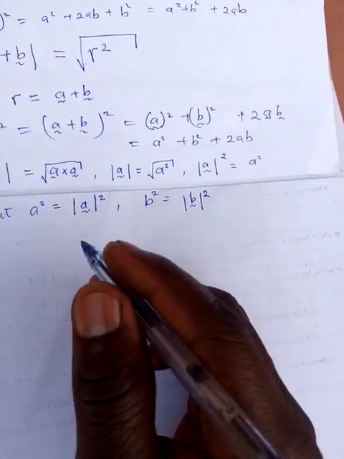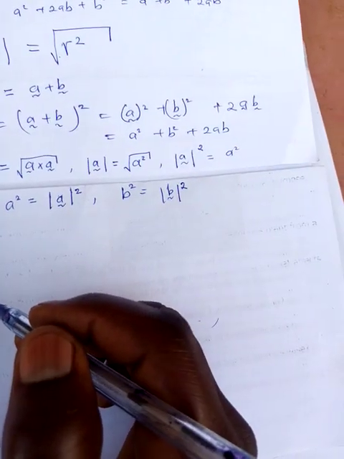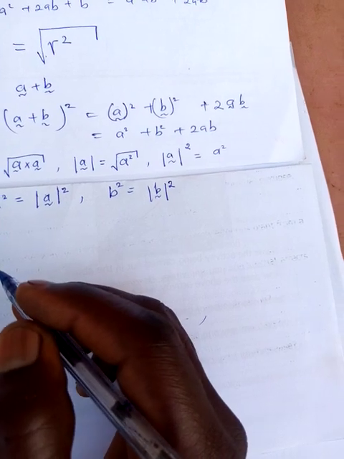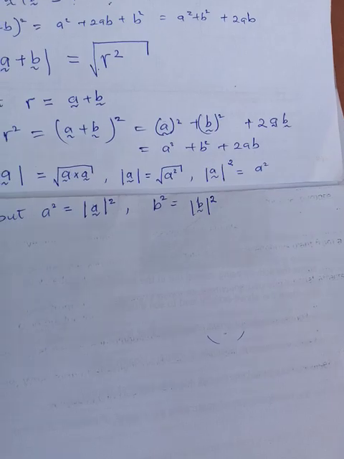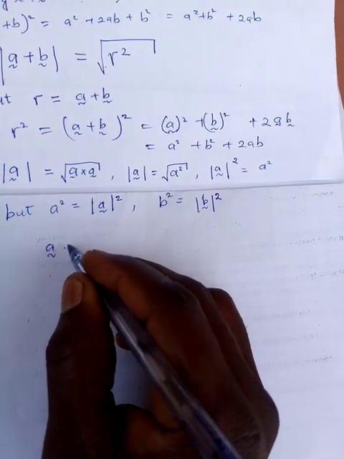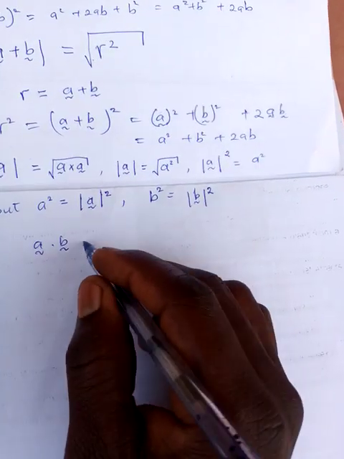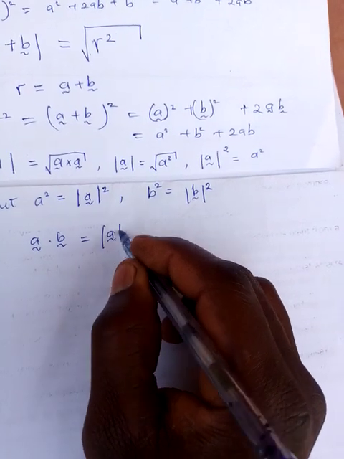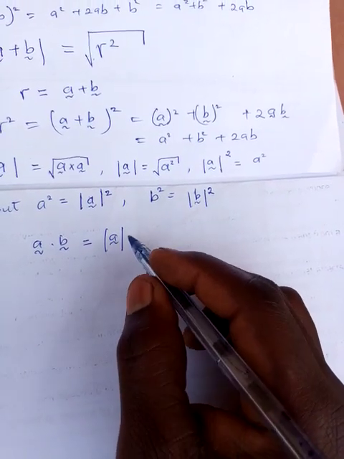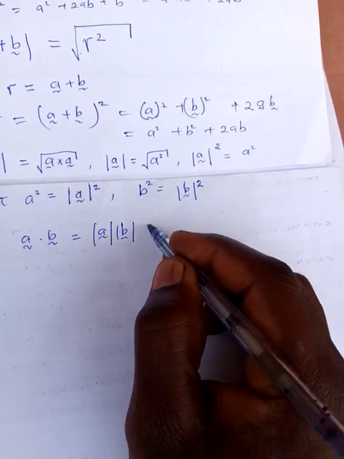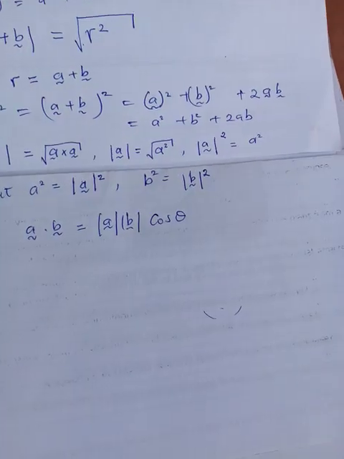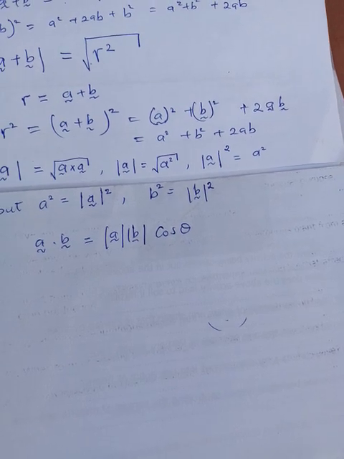Therefore, I will say, and I know that vector a dot vector b gives me the modulus of vector a times the modulus of vector b cos theta. See that?